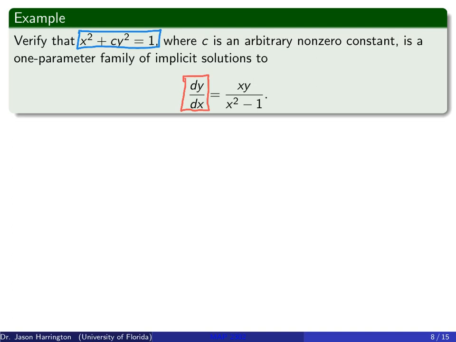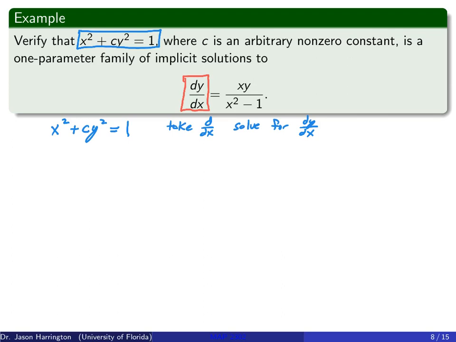So I know that if I start with my solution, x squared plus c times y squared is equal to 1, I want to take the derivative of both sides with respect to x and solve for dy over dx.